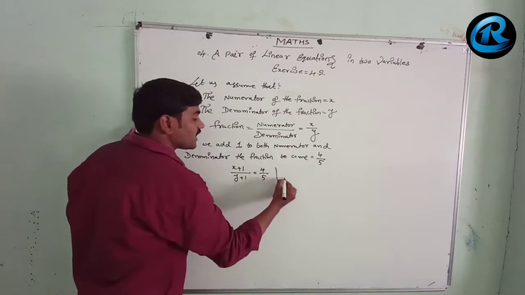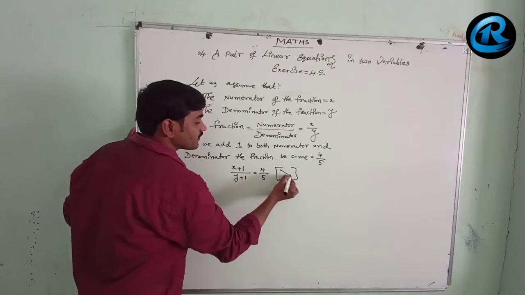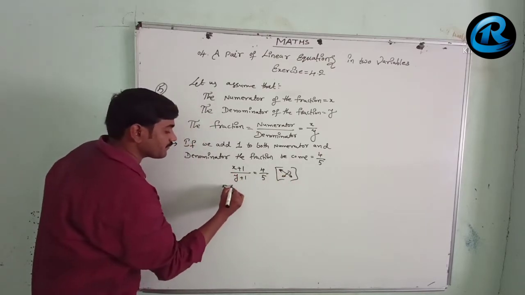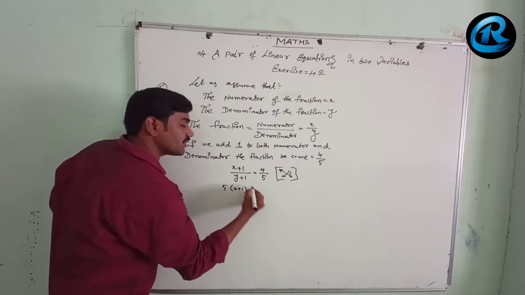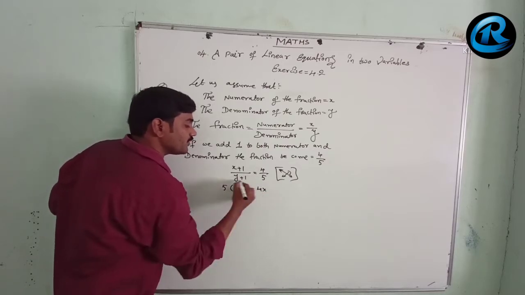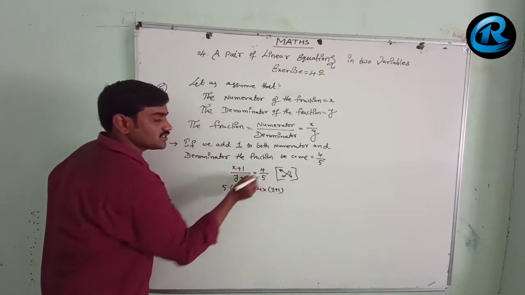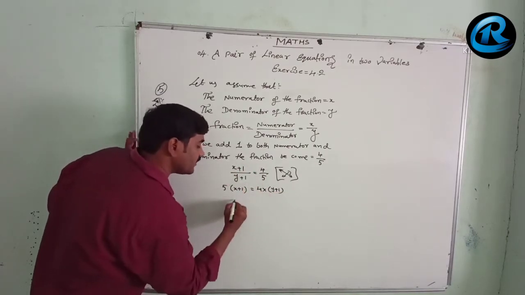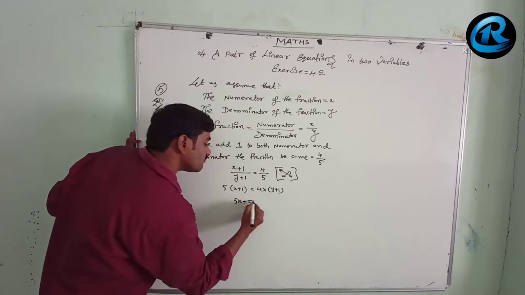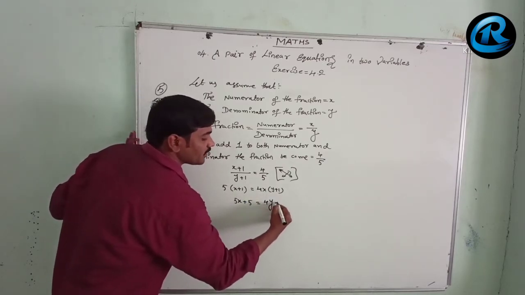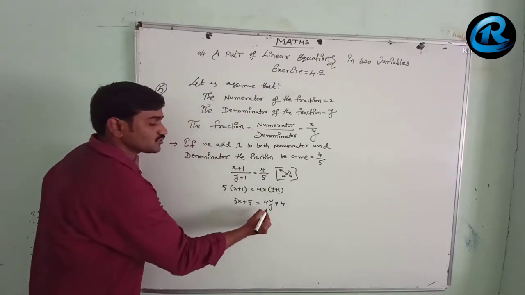So let us do the cross multiplication for this. Cross multiplication like this: 5 into x plus 1 equal to 4 into y plus 1. Then 5 into x is 5x plus 5 into 1 is 5, 4 into y is 4y, plus 4 into 1 is 4.